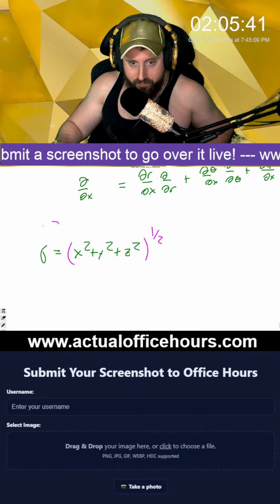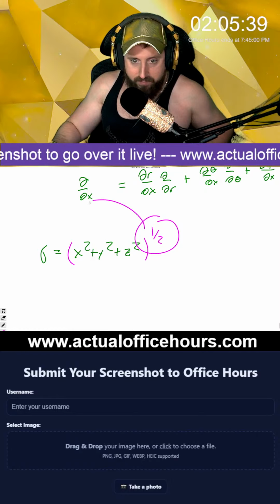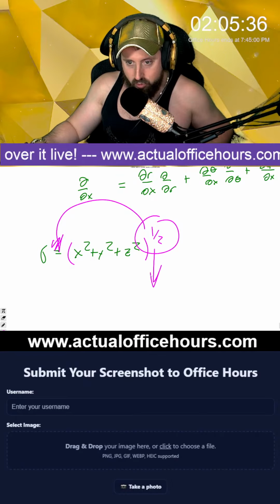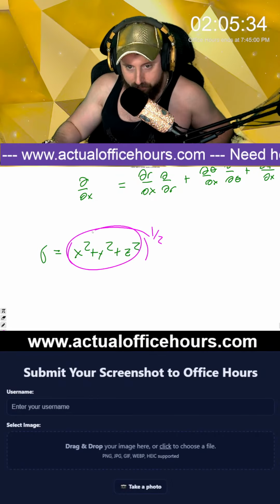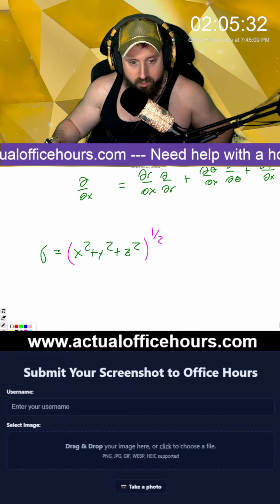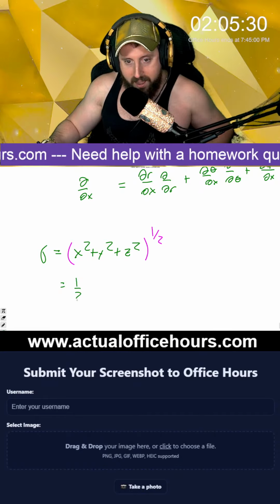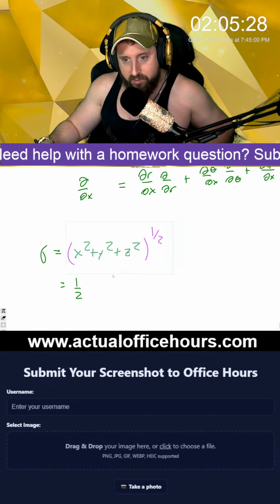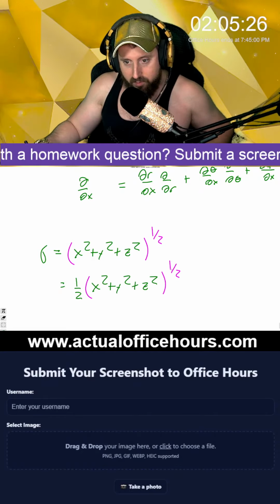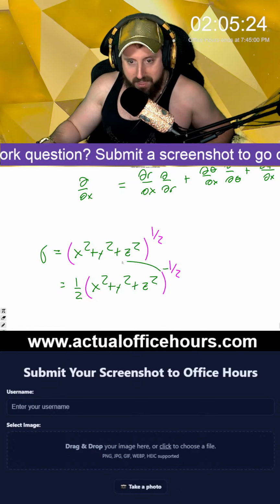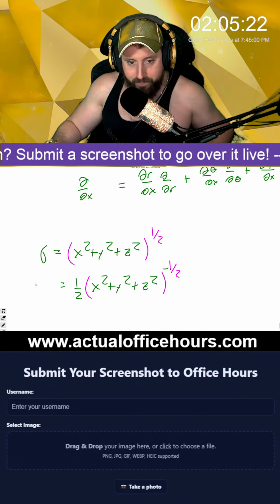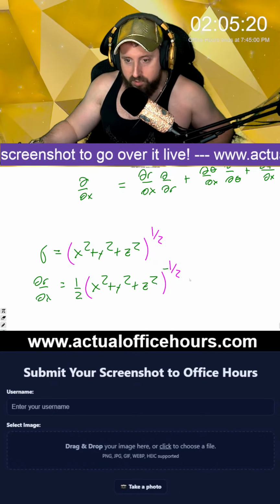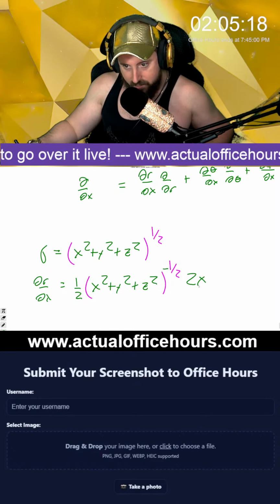If I take the derivative of this, I have to pull the power out front, drop the power by one, and then take the derivative of what's inside. So this is going to be equal to 1/2, and then all of this to the power minus 1/2. Then I take the derivative of what's inside, which is 2x, so times 2x.